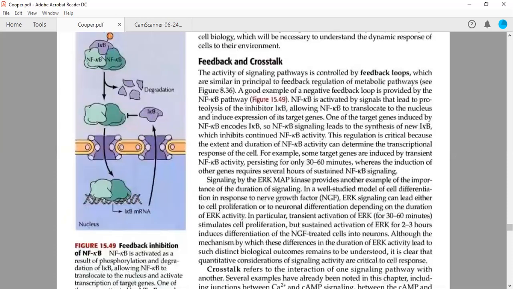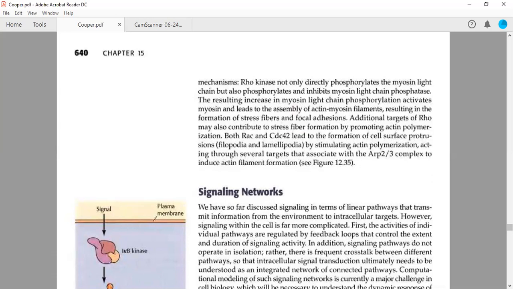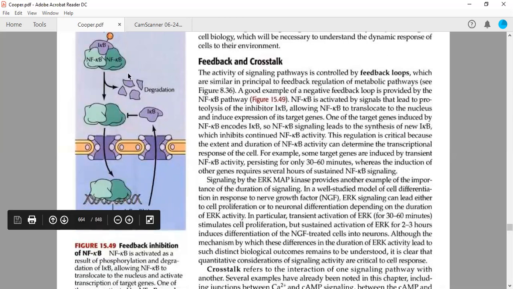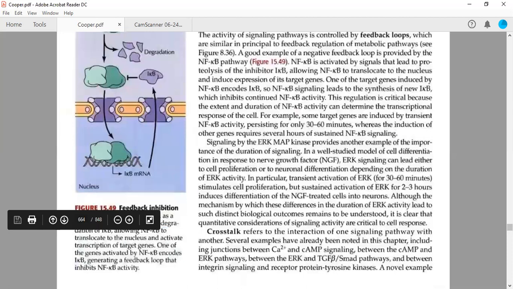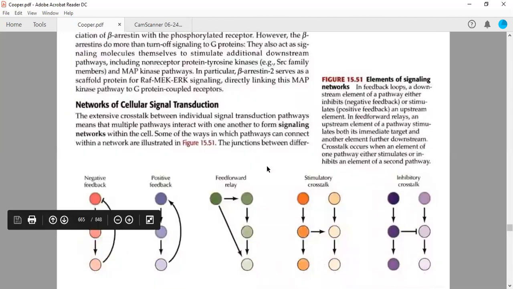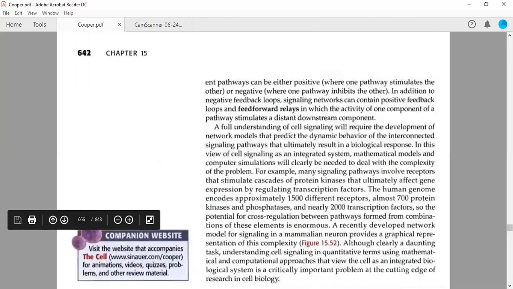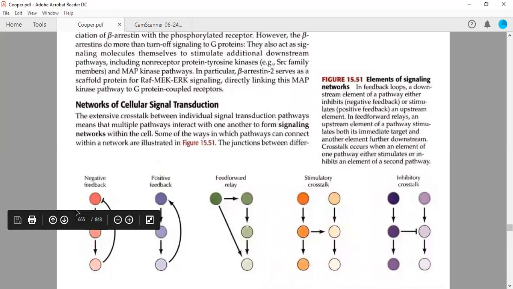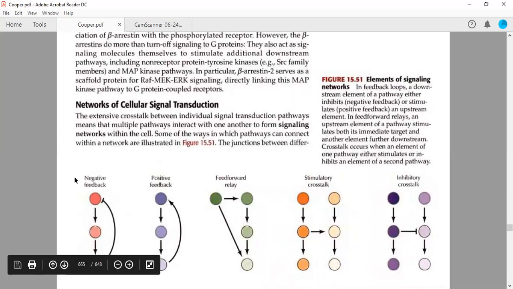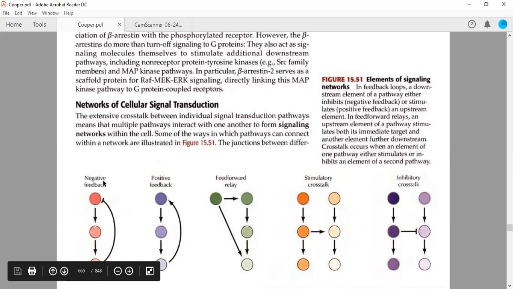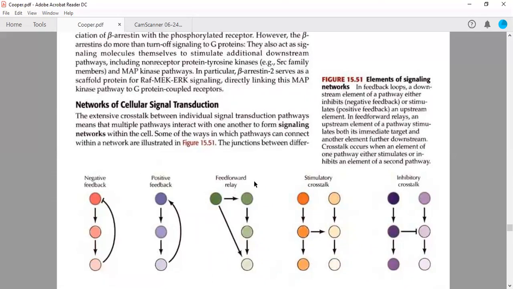In tomorrow's class, we will discuss certain types of networks and crosstalks that happen between different types of receptors. These are called feedback mechanisms, feedback loops or crosstalks, so that they can form certain types of networks. These networks are very common in cell signaling, in which there is either a negative feedback mechanism, positive feedback, or feed-forward relay.